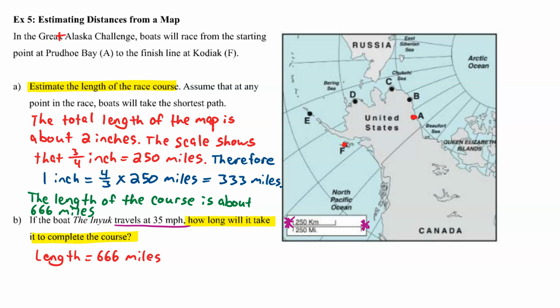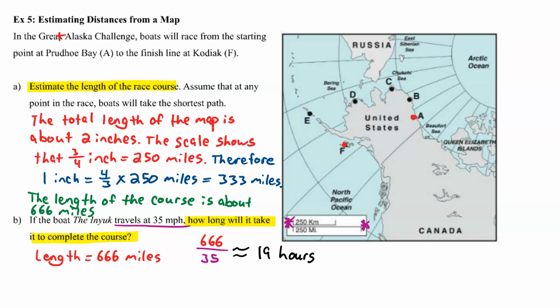We just have to take the length of the course and divide it by the speed. So if we do that, we have the distance divided by the speed. That is going to give us approximately 19 hours. So that is about how long it's going to take the boat to complete this course.